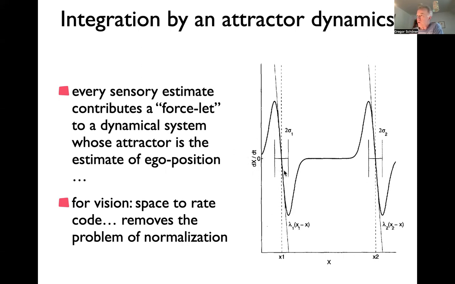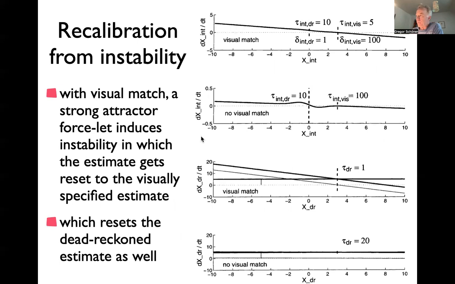And so when we have a strong estimate, we make a forcelet. You're familiar with that? It's an attractor forcelet, right? Making here a negative slope at the location at which the view was associated. This just illustrates that you could have different estimates, and there's some theoretical reason why this is a very good idea. And the dead reckoning would give you a different kind of estimate. So this is the dead reckoning system.